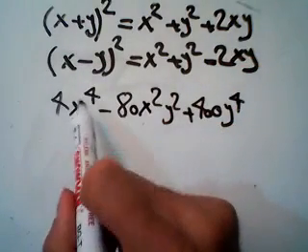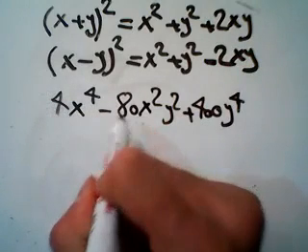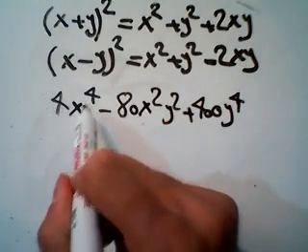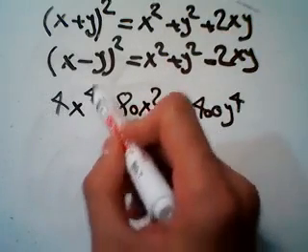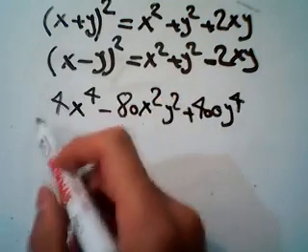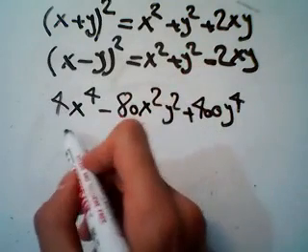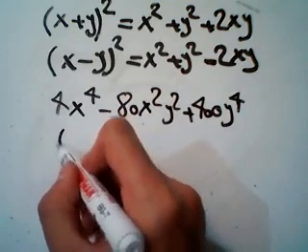Now, at first, this doesn't seem to be in the form of that because its power is 4, not 2. But you could write it and check it this way.